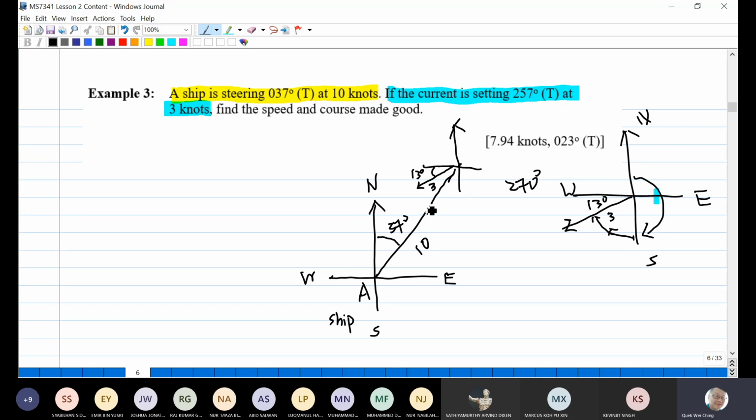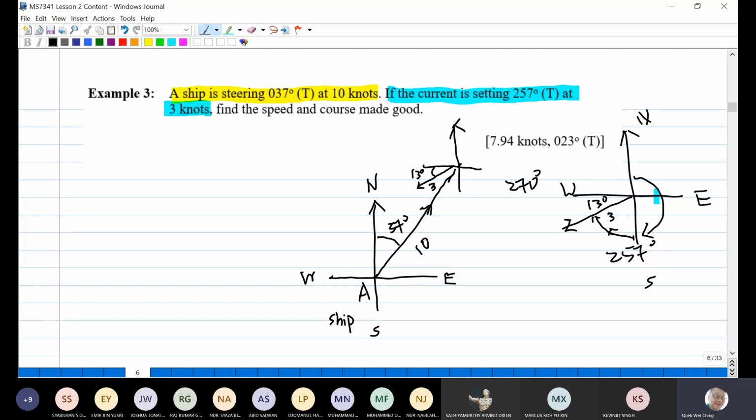So the ship moves at 10 knots at 37 degrees, and the current moves at 257 degrees at 3 knots.